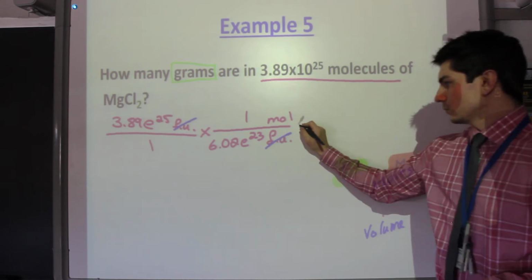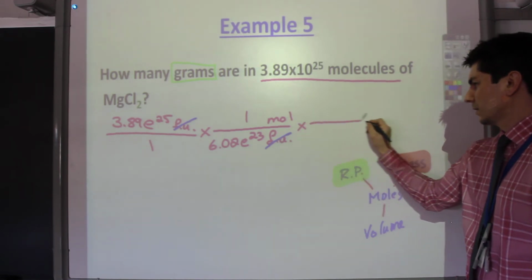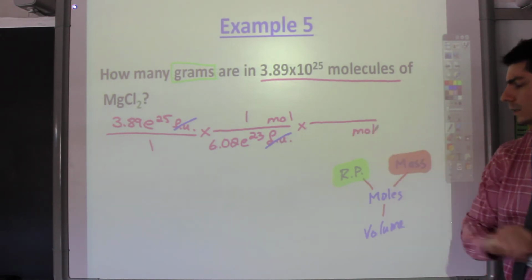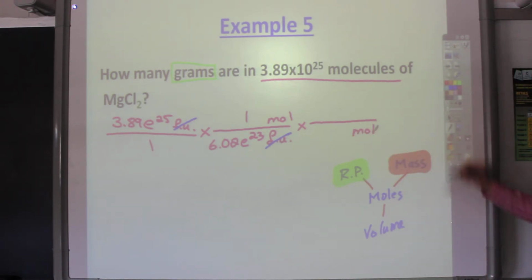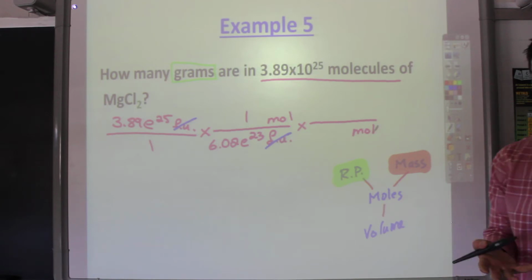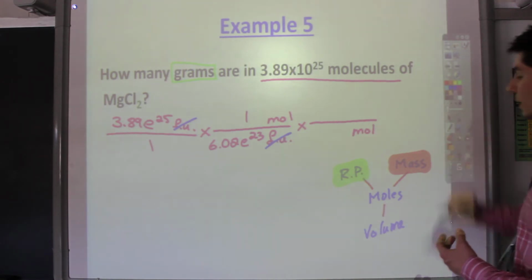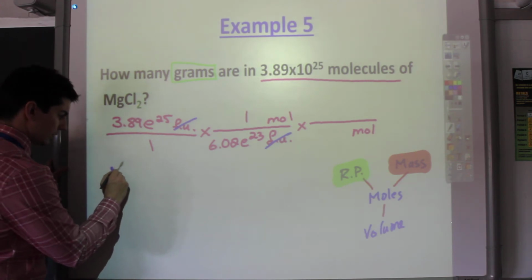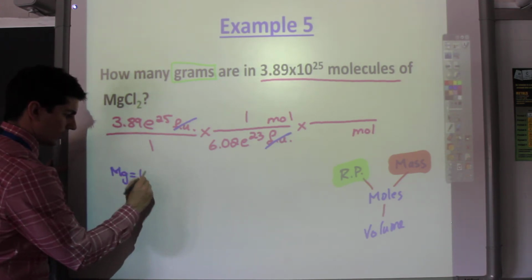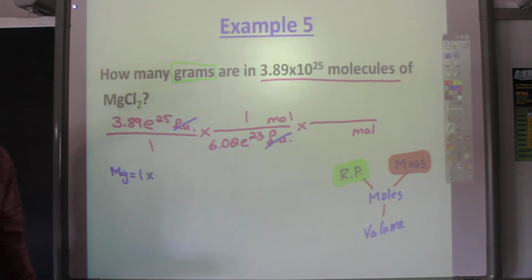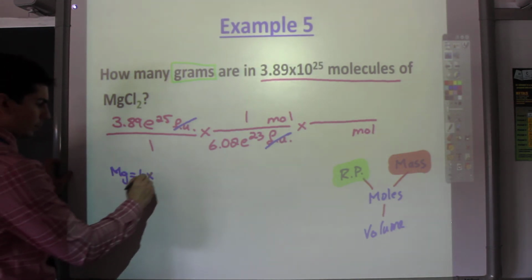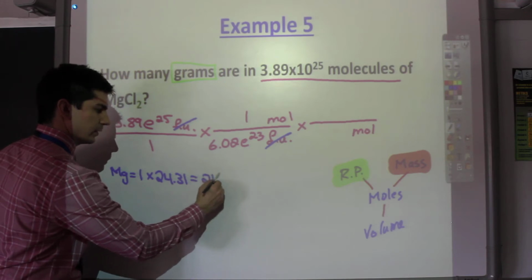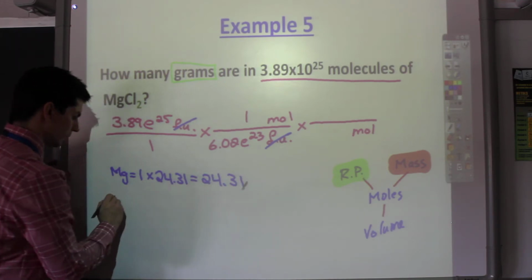Now, our second part, which is a little bit harder, I have moles on top, put moles on the bottom here, and I don't know how many grams right now are in 1 mole of magnesium chloride, so let's go down to the bottom. Mg, I have 1. Our molar mass of magnesium is 24.31. 1 times 24.31 is obviously 24.31.